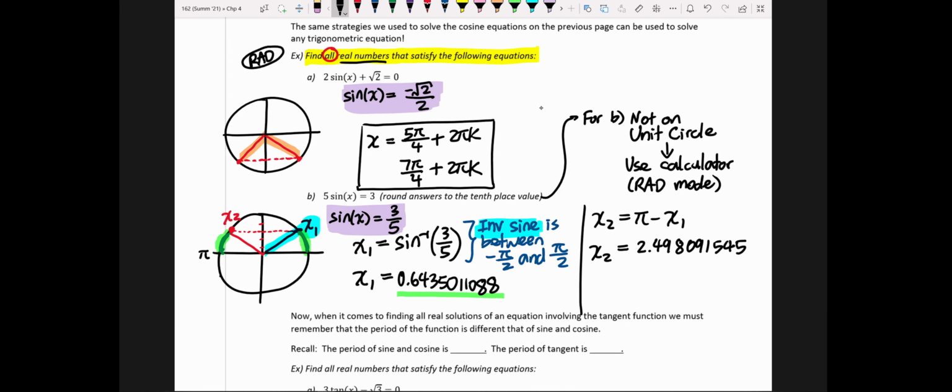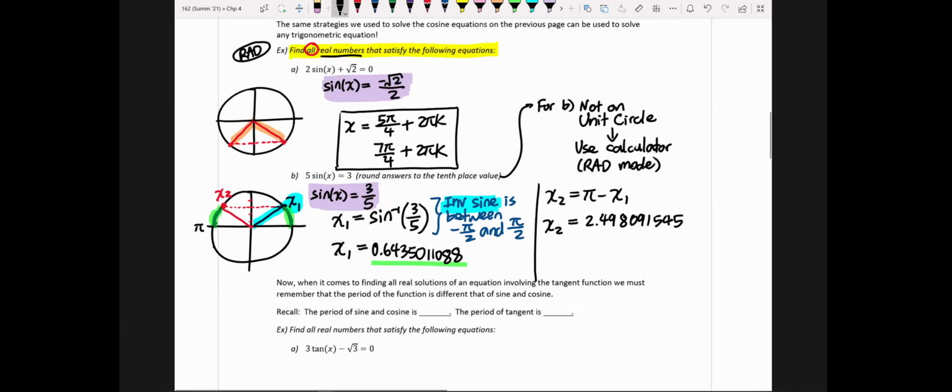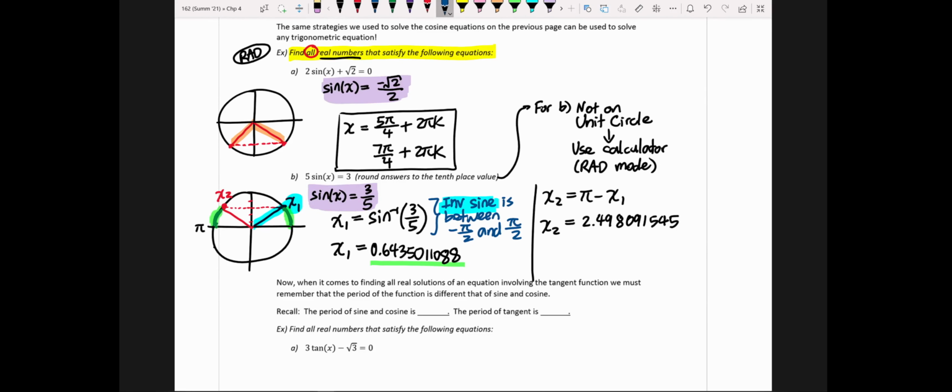We only round our final answers. So now that we have the final answers, we can circle, we have 1 and 2. So now we have the final answers, we can round. It says round to the nearest tenth. So x is equal to 0.6, 2.5. Those are the two answers.